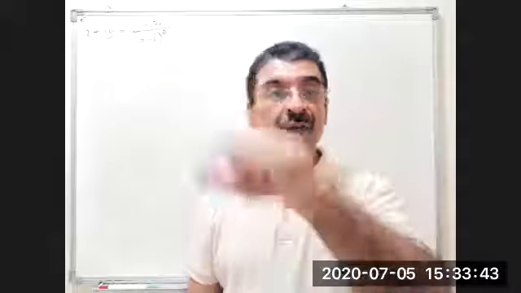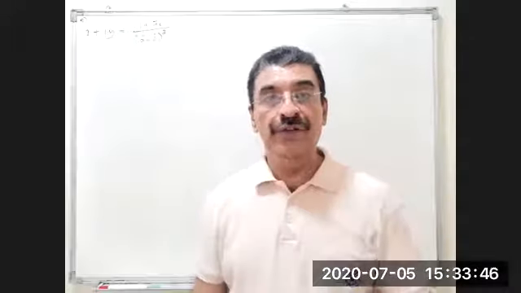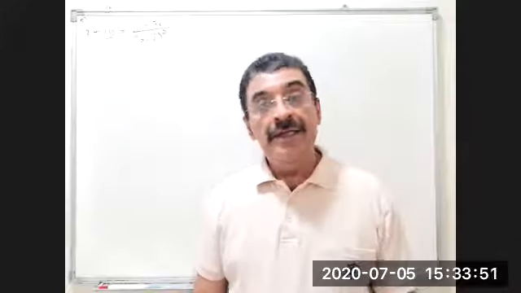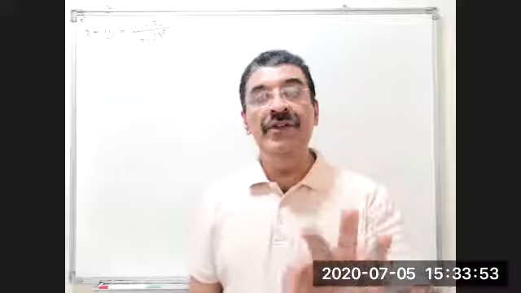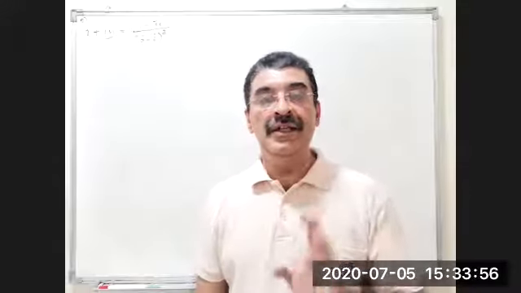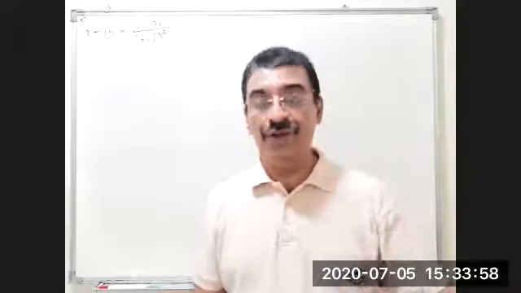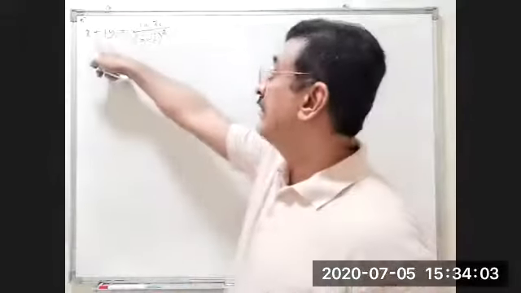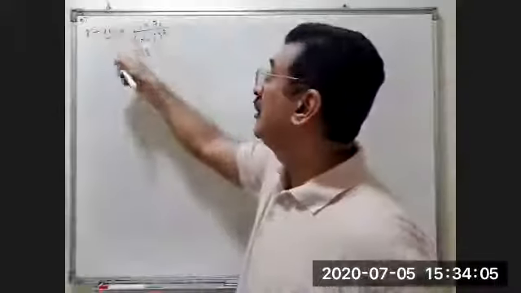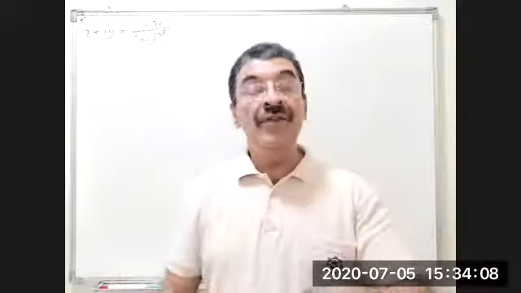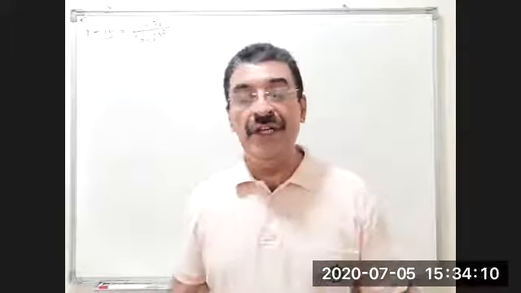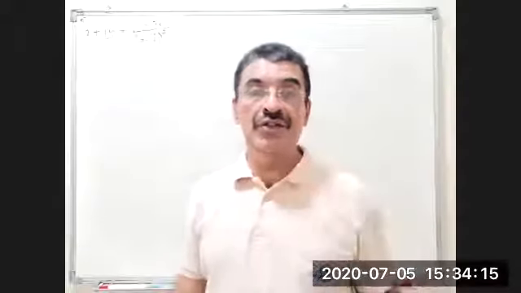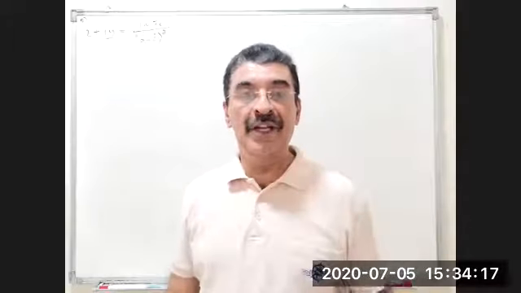After finding x and y, then r is the root of x square plus y square, cos theta, sin theta, etc. But here, in writing polar form, first thing is we need to write the given complex number in standard form. Then only we can write x and y separately. Here, x is the real part. This one is not in standard form. So whenever a complex number is not given in standard form, for any simplification, first we need to change it to standard form. That means to separate real and imaginary part.